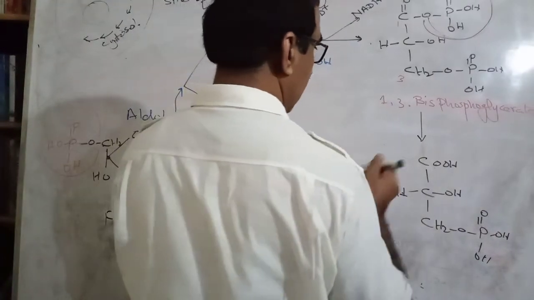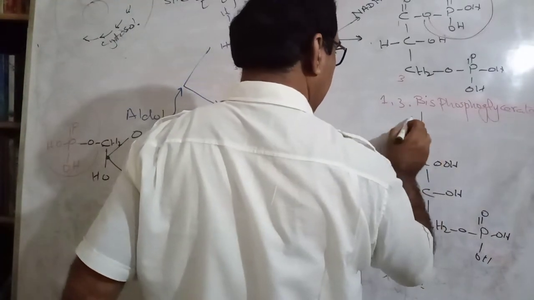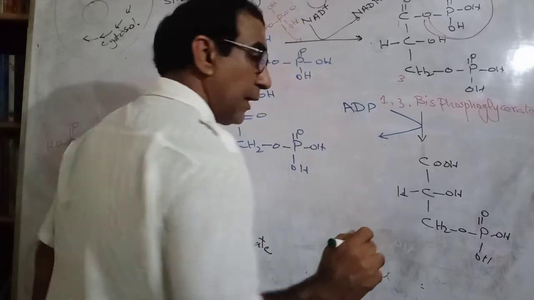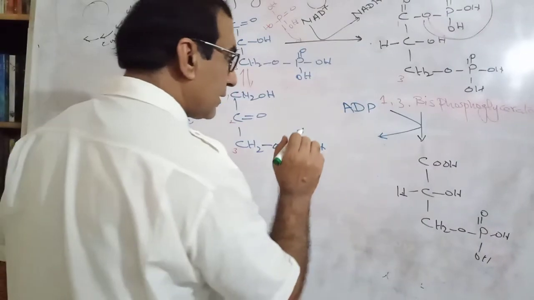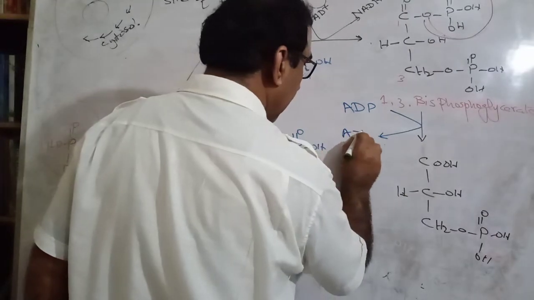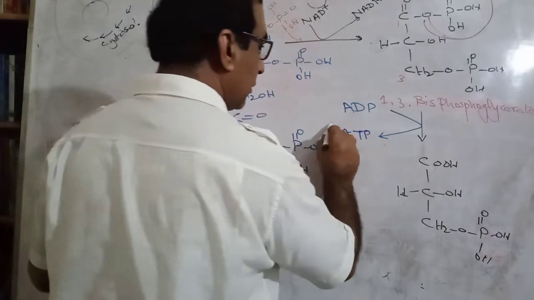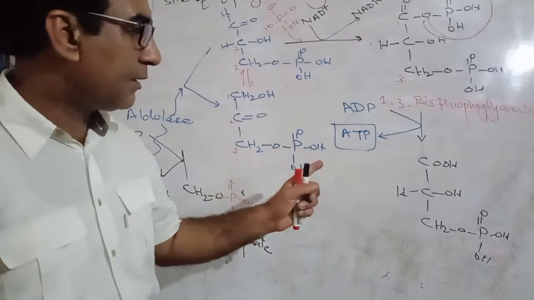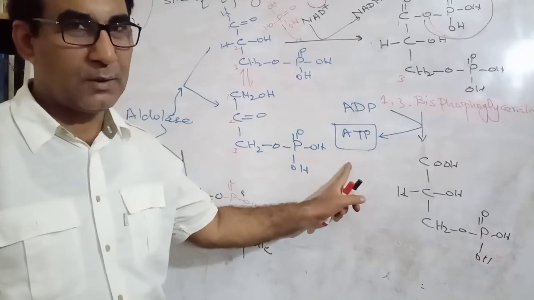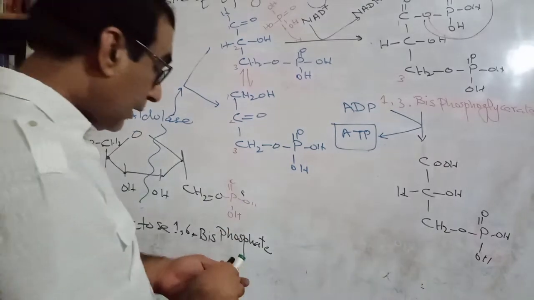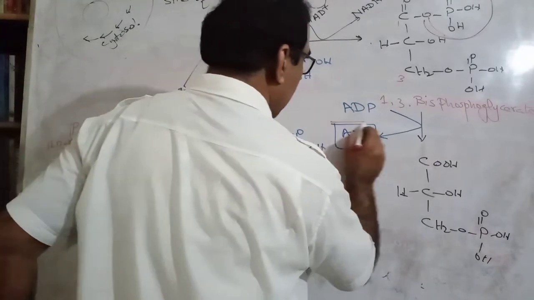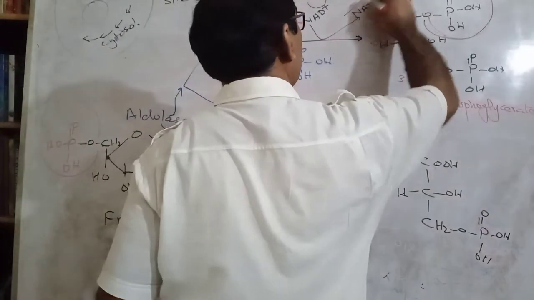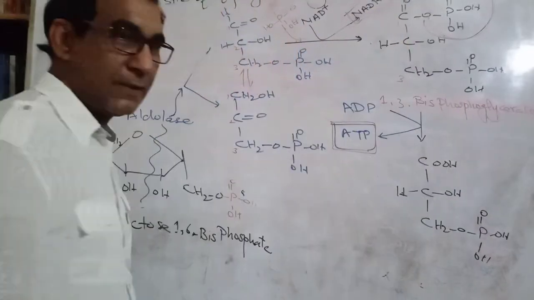Here, ADP is converted into ATP. So here is what you got, the first ATP molecule in the payoff phase. In this payoff phase, you are now getting the energy molecules. This is again the energy packet.